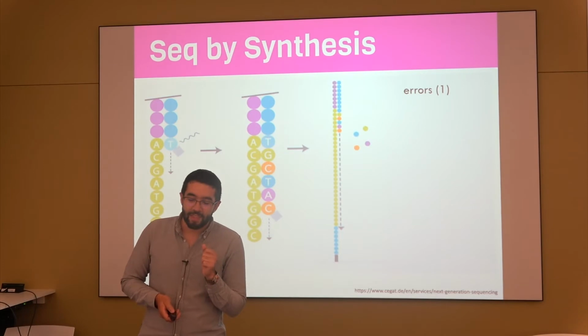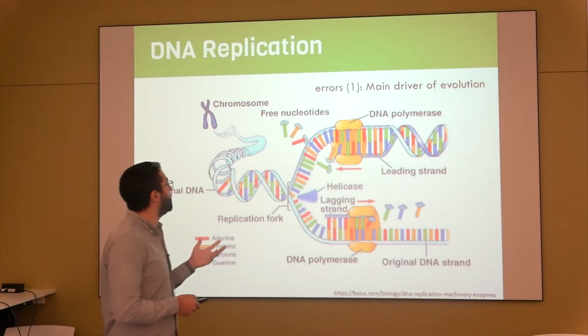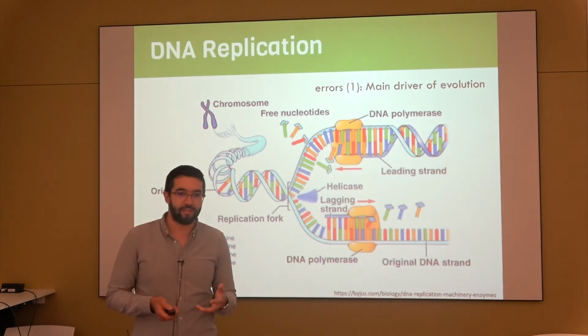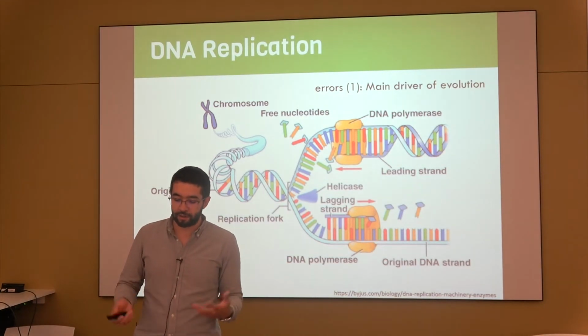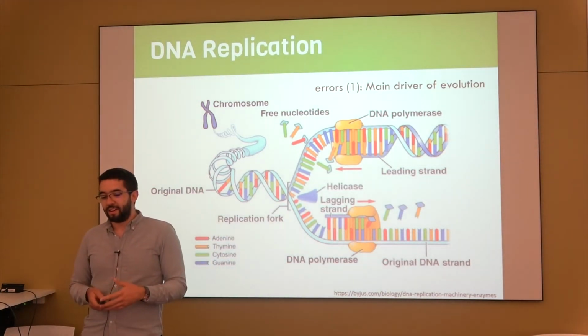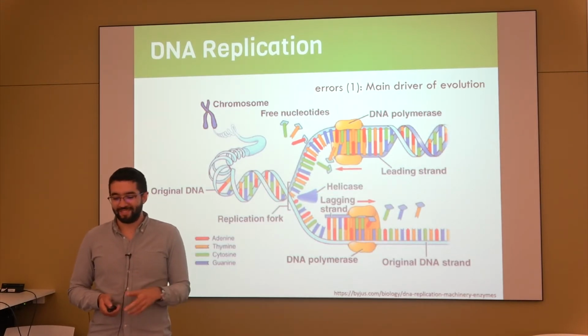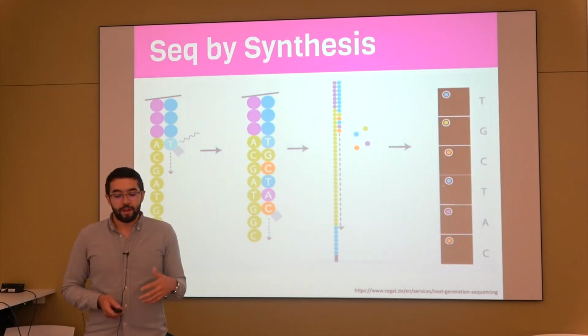That might sound bad in this context, but let's remember that those errors are the main driver of evolution in real life, because those errors are mutations that are going to prompt evolution in the long run. But for here, we consider them errors.